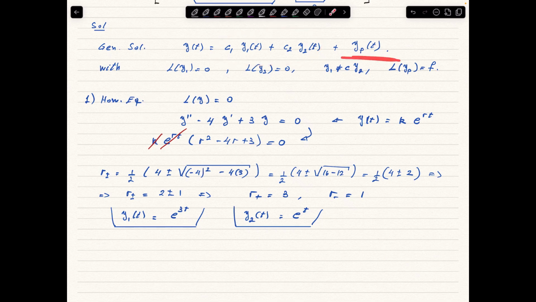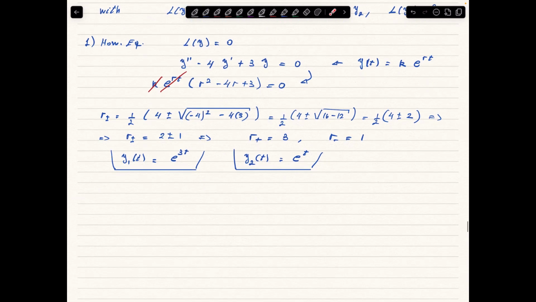Now we need to guess yp, the solution of the non-homogeneous equation. So now, the particular solution.